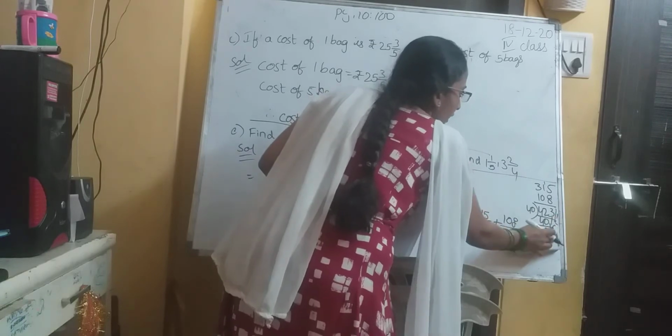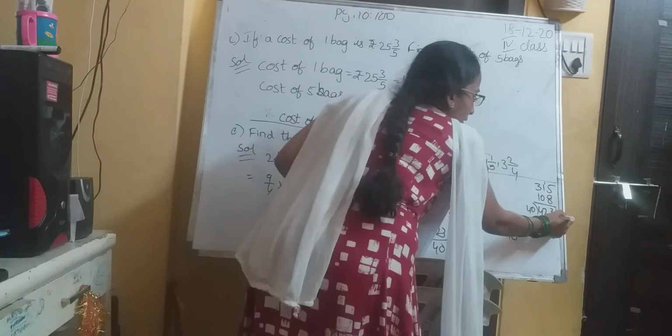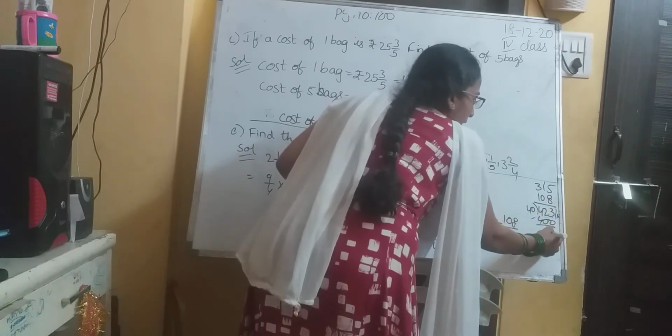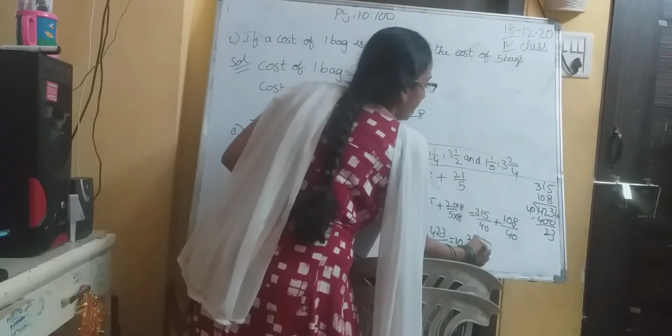Yes children, 40 10s are 400. 23 will be remaining. That is nothing but 10 23 by 40.